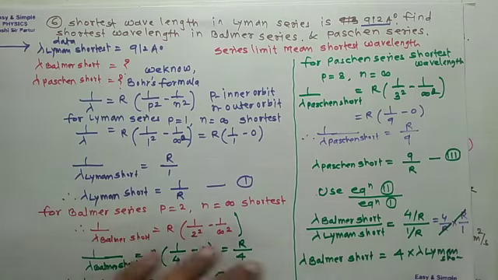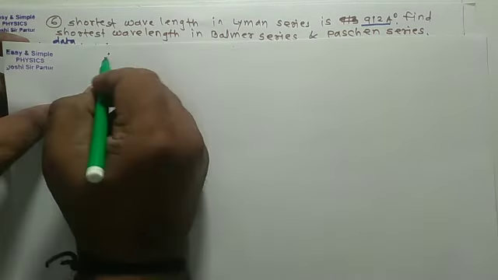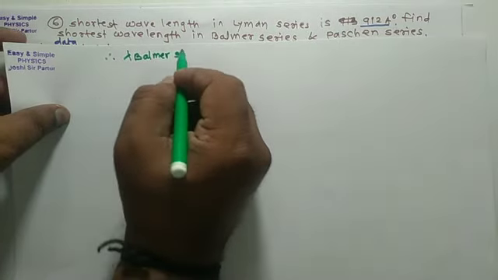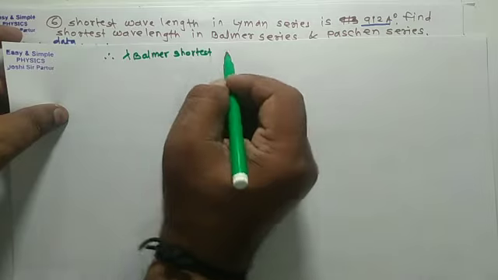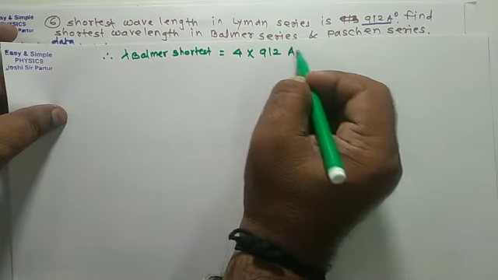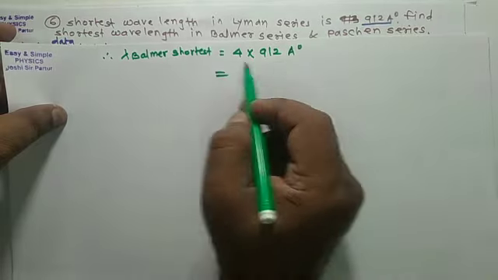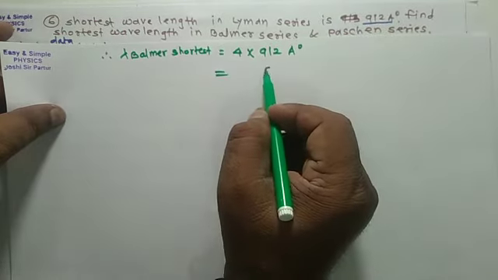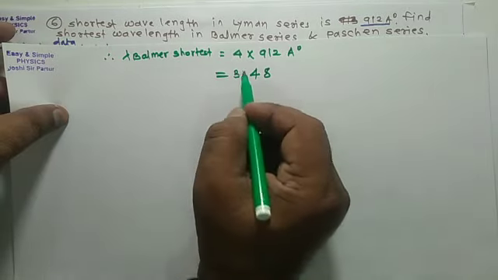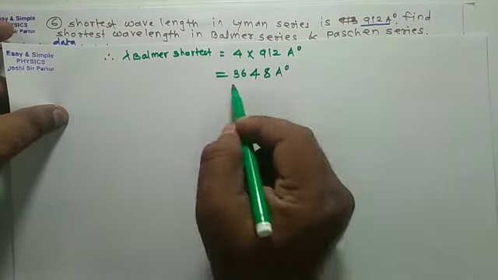So therefore we can use here lambda Balmer shortest equal to 4 multiplied by 912 angstrom unit. If we multiply 4, so 4 8s are 32, 4 1s are 4, that is 3648 angstrom unit.